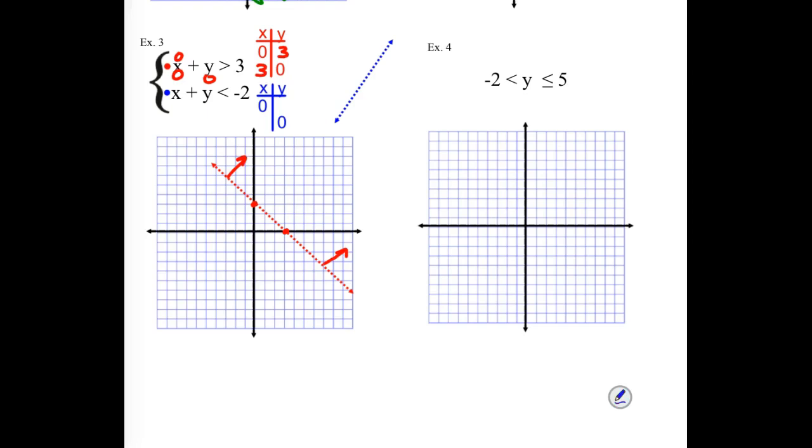For our next one, putting a 0 in for x, y has to be -2. We'll plot that point. Putting a 0 in for y, we would have x being -2. Connecting those with our line.